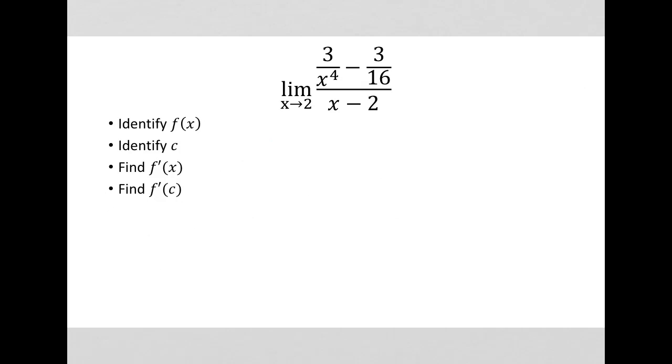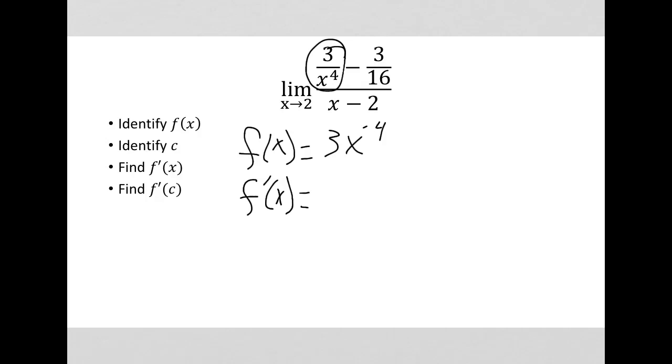So let's look at this one. F of x, again, is your first term there. So f of x has to equal 3 times x to the negative fourth. If we take the derivative, f prime of x, we will get negative 12 over x to the fifth.